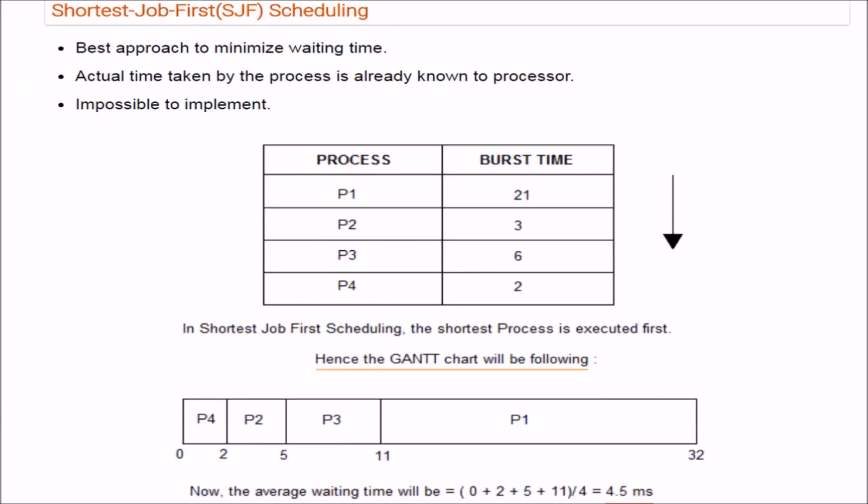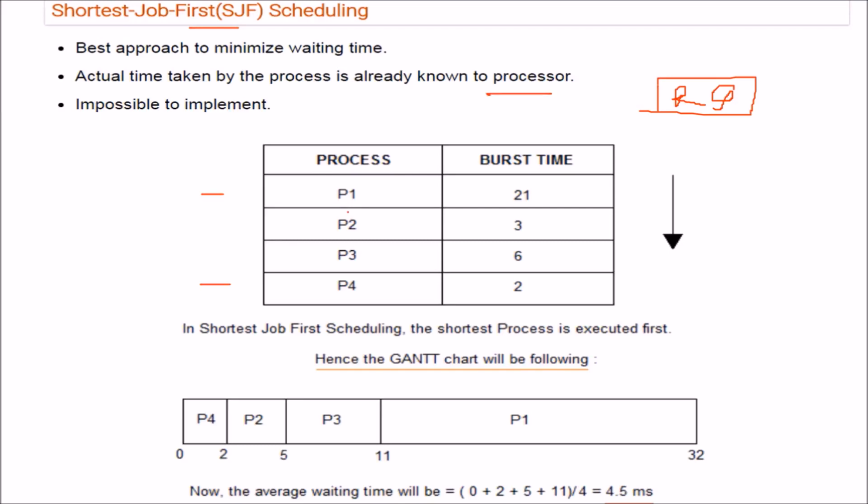Then shortest job first. Shortest job first means as the processes arrive, say P1 to P4, the processes are in the ready queue. Now these need to be processed. So when they need to be given to the CPU, in shortest job first scheduling the CPU must know the time required for each of them to complete.